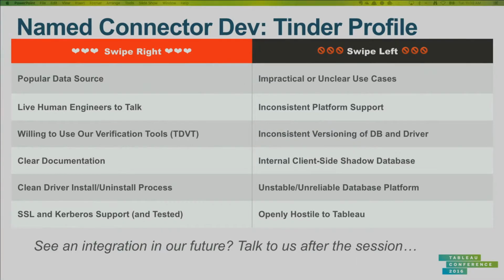Because a lot of the time I spend is on security issues, Kerberos and SSL, we really like clear documentation. We like a well understood way of connecting through Kerberos. And in SSL, there's just a lot of variations out there when you look at the different data sources. We definitely prefer consistency.